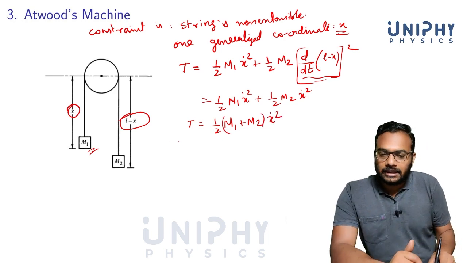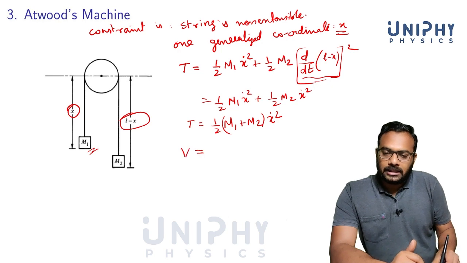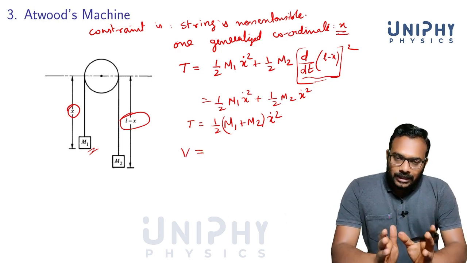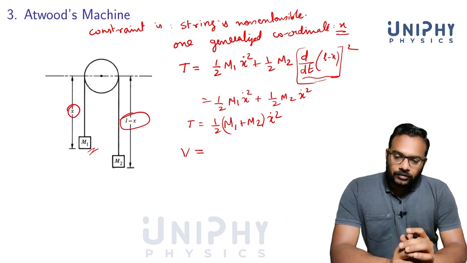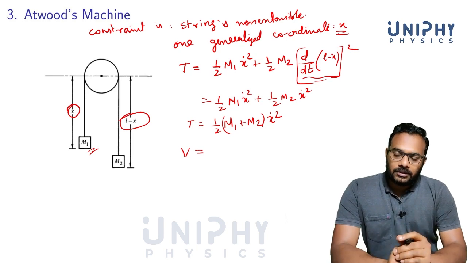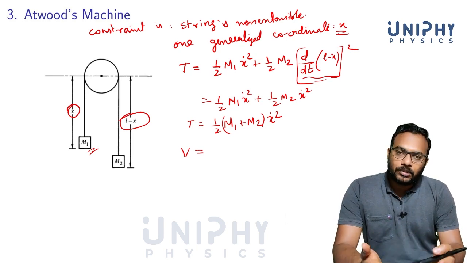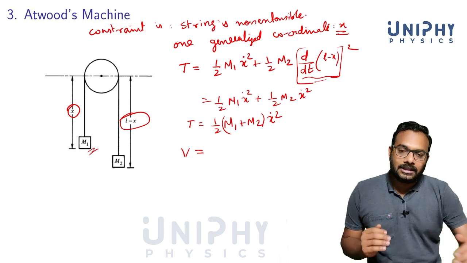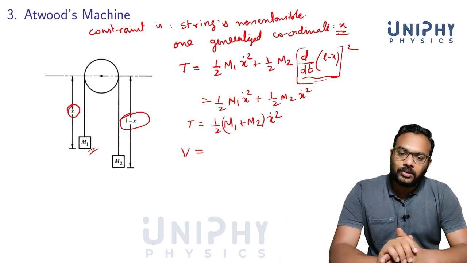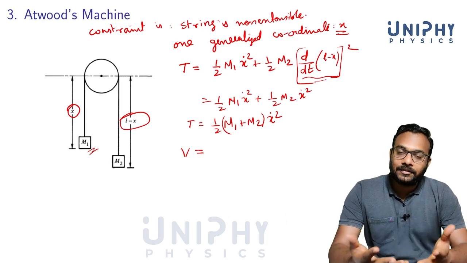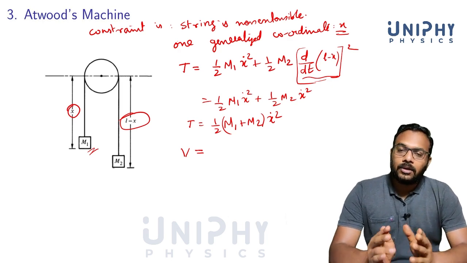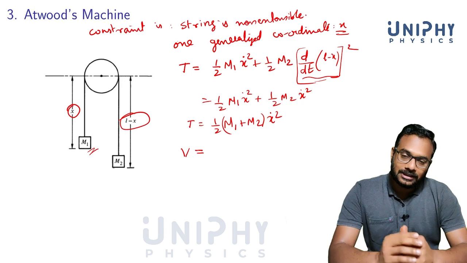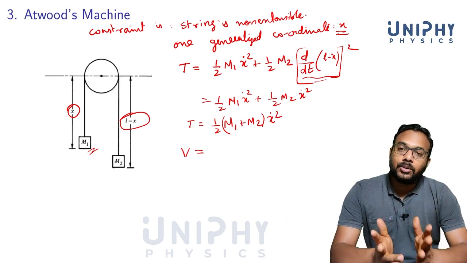What about the potential energy? When you write the potential energy, you have to be careful about the reference point. Sometimes you can choose reference points in such a way that the problem becomes very simple. Only the difference in potential energy between two points is physical, so you can always choose the zero of the potential energy as you like.